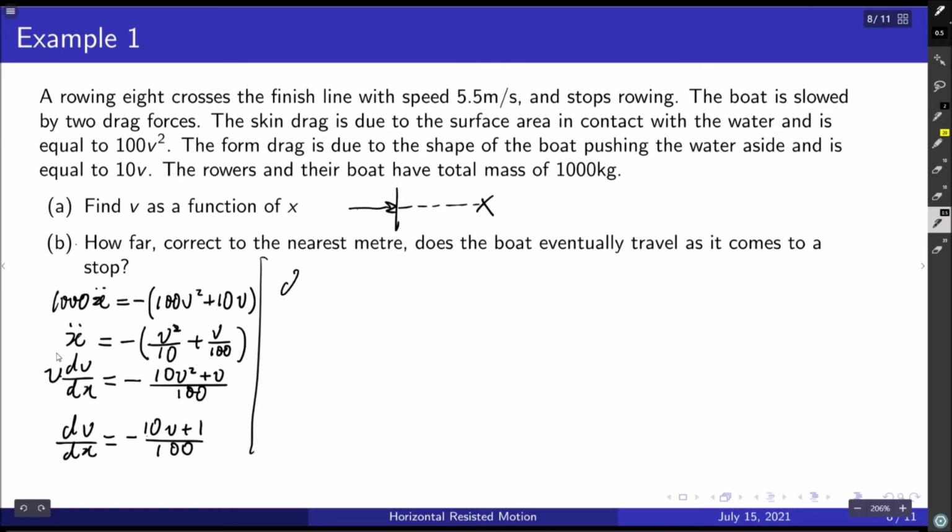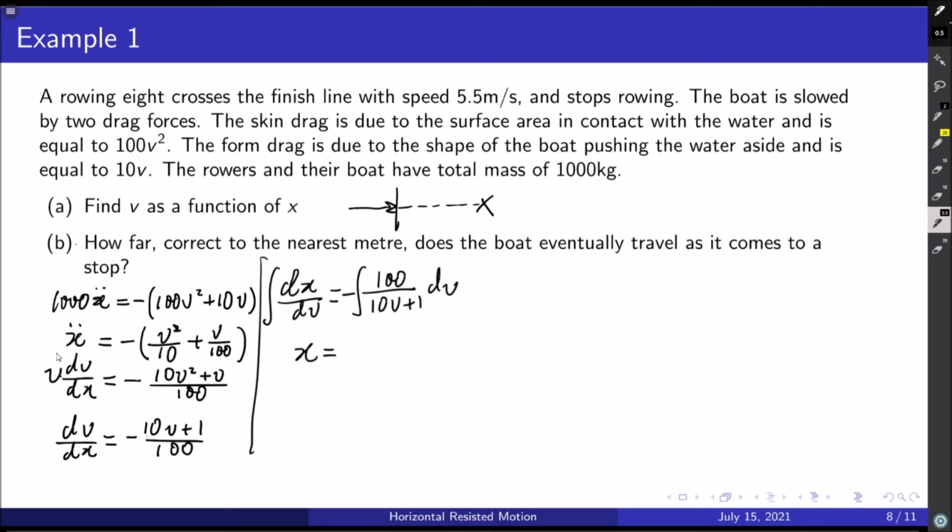So dx over dv equals negative 100 over 10v plus 1. Of course, we can now integrate both sides with respect to v, and because dv cancels out, we only have x equals, what does that give us?